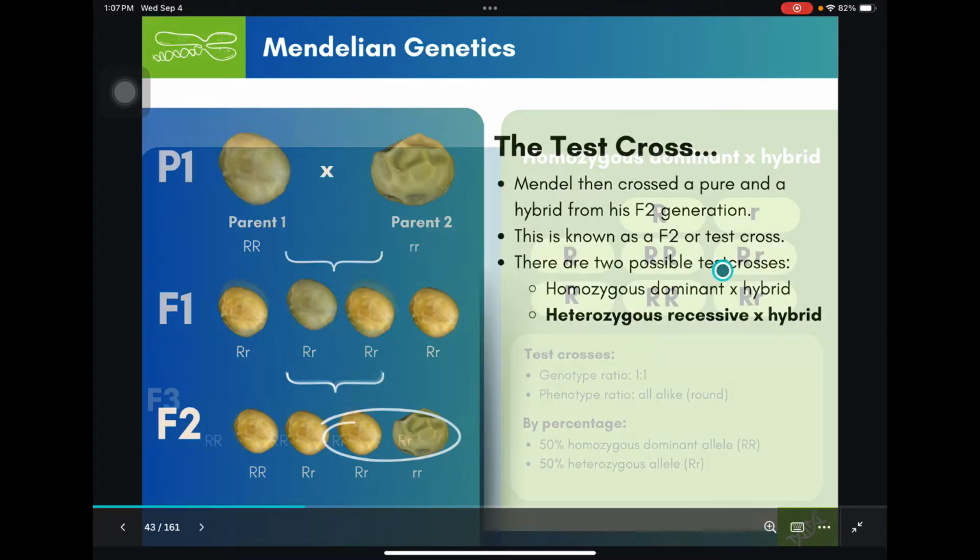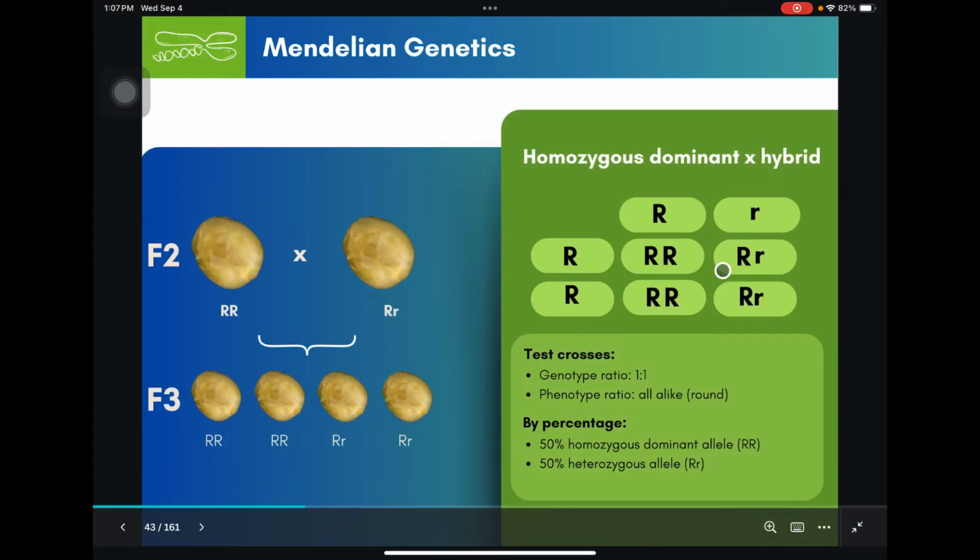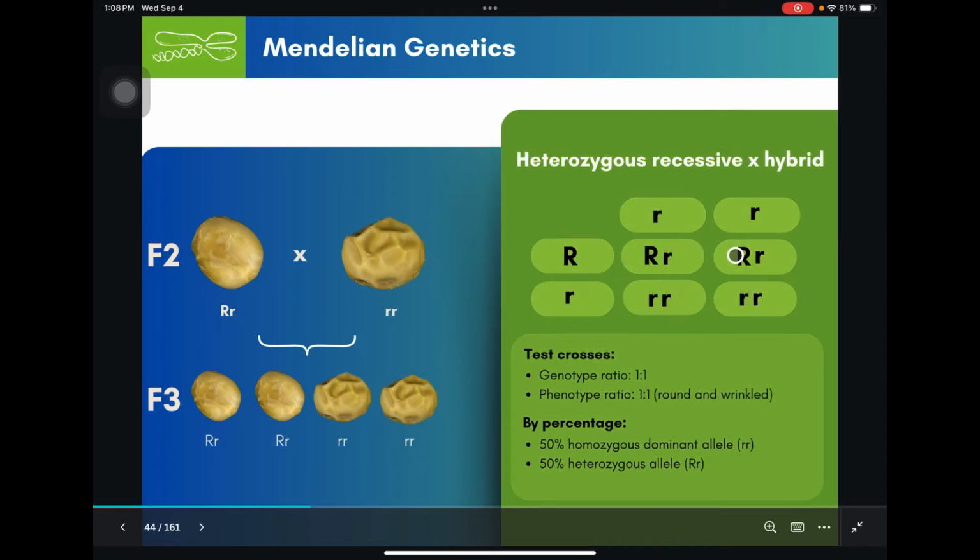If we want to predict the result, we will use Punnett squares, and our genotype ratio is technically 1:1, in which the ratio of the homozygous dominant and the ratio of the heterozygous or hybrid is just the same. So this is 50-50%.